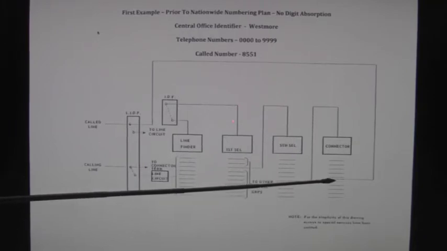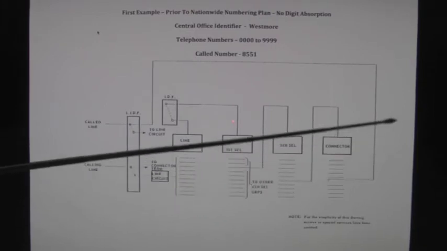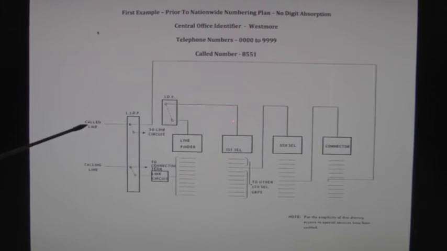So the connector now has seized the called line and outputs ringing current on that line, and it rings the called line telephone. The called line answers, ringing is tripped by the connector, and the connector connects the calling line through to the called line, and a conversation can commence.